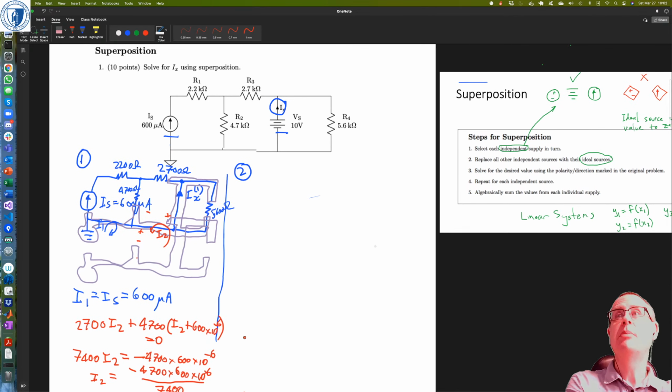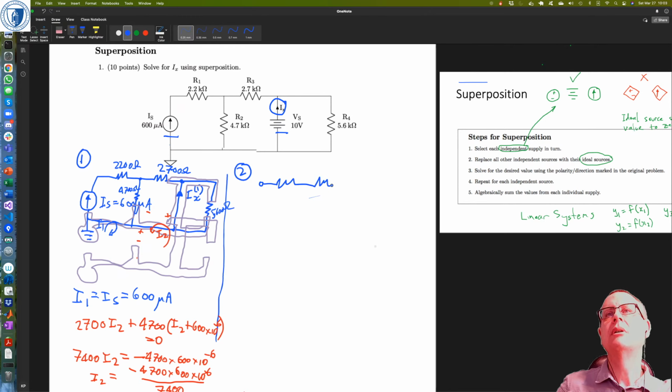So now we've got to go back and do the second piece, and the second piece, remember, we want to keep VS and replace IS with its ideal, and its ideal is nothing more than an open circuit.